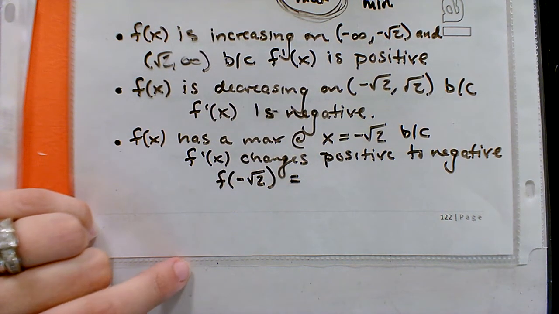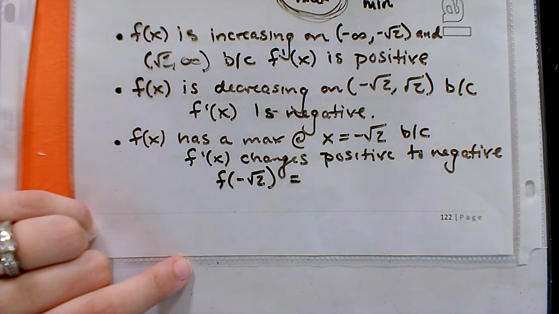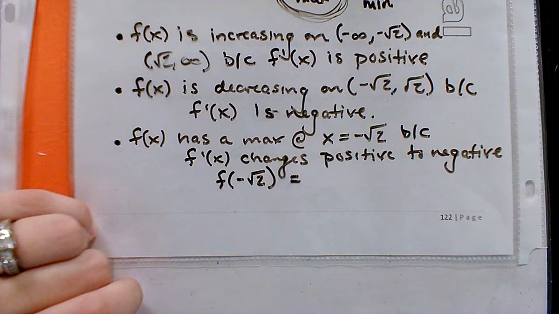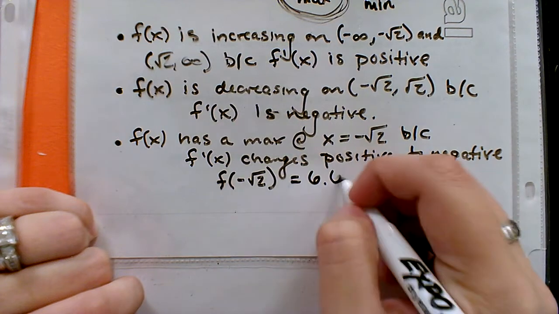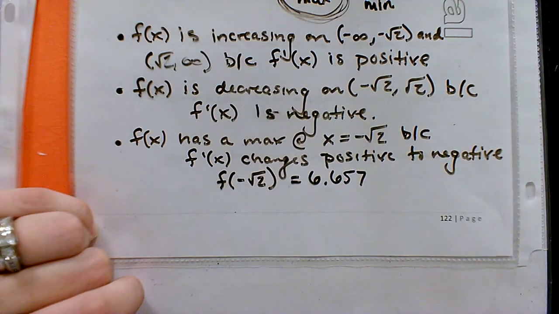Can we round it to 3 decimal places? Someone help me out? 6 point, yeah? 657. 657. There we go. 6.657.